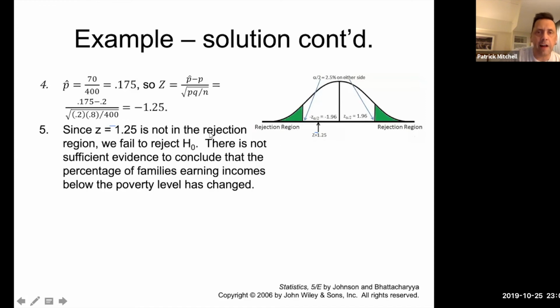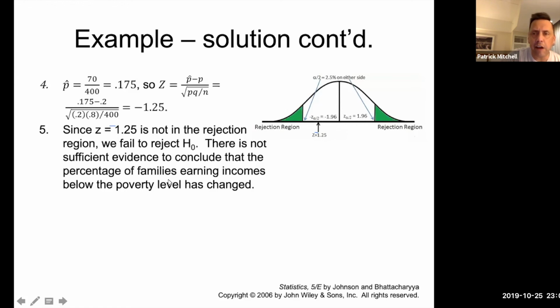So since that's not in the rejection region, we fail to reject the null hypothesis, which means, and remember, I want you to write something like this, an actual interpretation of what it means to reject or fail to reject. There is not sufficient evidence to conclude that the percentage of families earning incomes below the poverty level has changed.